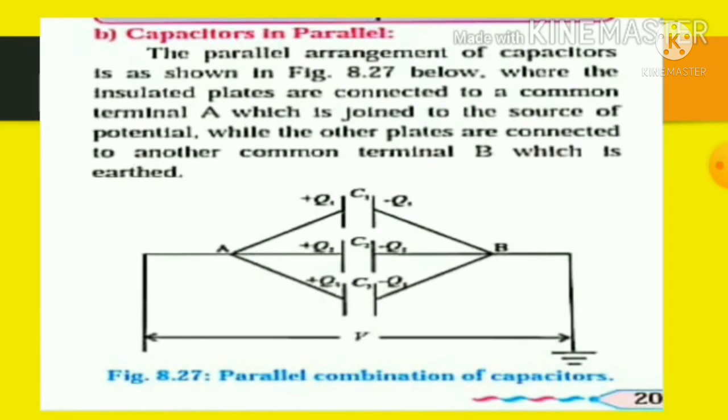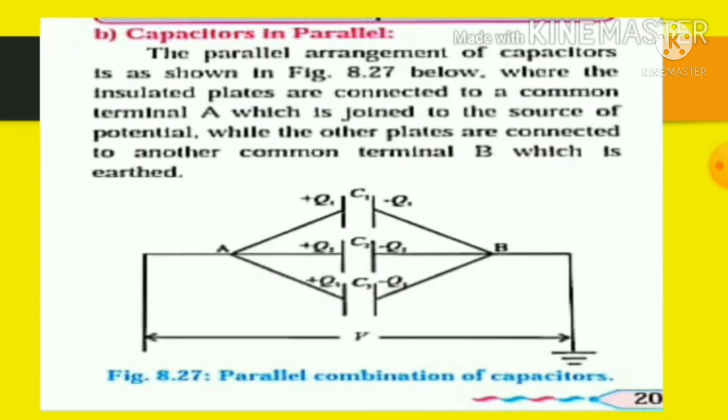Then the second type of combination we can study now. This type is nothing but capacitors arranged in parallel arrangement or parallel combination. So in this subtopic, firstly, three capacitors, that is C1, C2 and C3, are arranged in parallel arrangement.